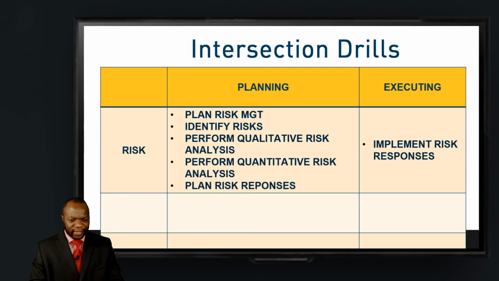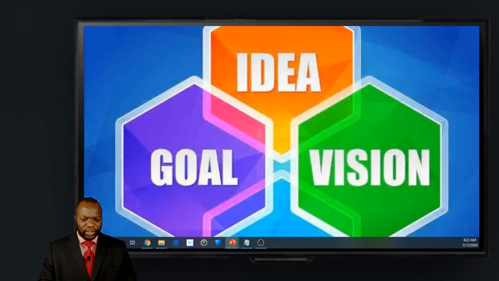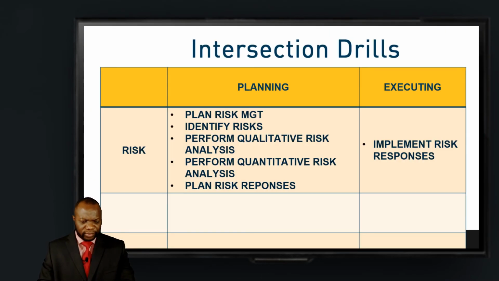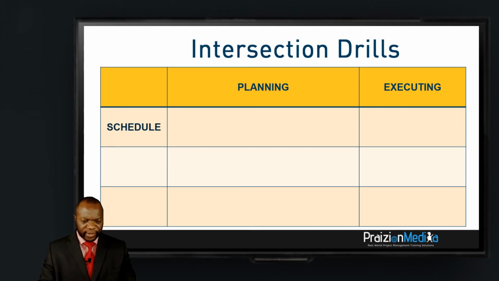So let's go to our next drill. Let's go to our final intersection point drill for today. The drill that I would like us to do here is for the knowledge area known as schedule, the schedule management knowledge area.